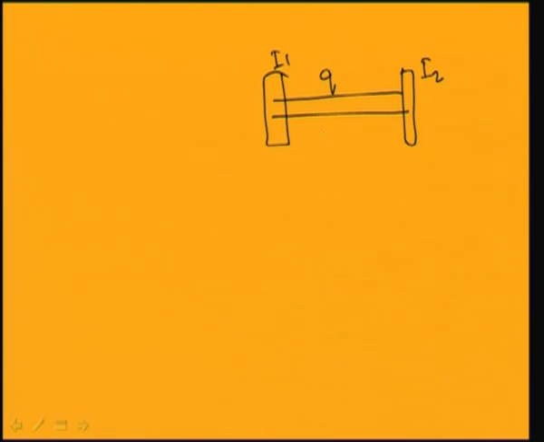So, I can assume a solution x1 equal to a1 e to the power i omega t and x2 equal to a2 e to the power i omega t. So, I am taking the normal modes. Already you know in case of normal modes all the masses will vibrate with same frequency. So, I have taken the frequency to be same in both the cases, omega in x1 and omega in x2, but the amplitudes are different.